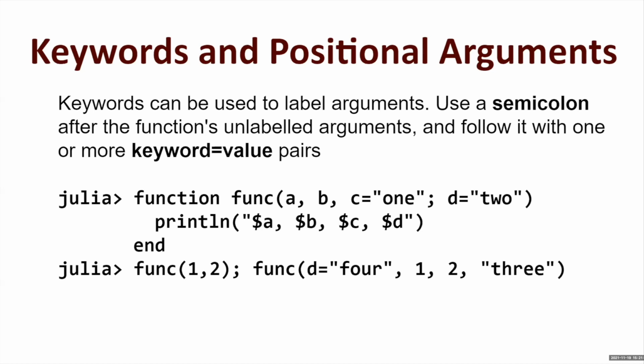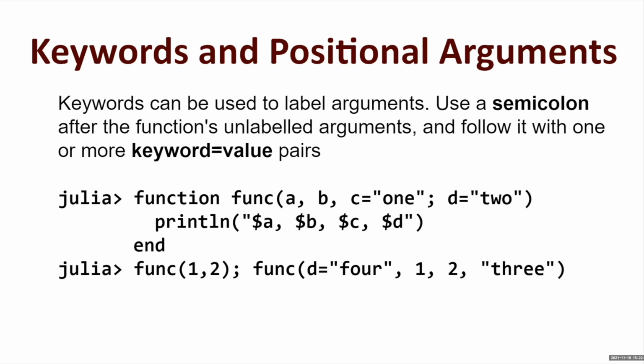For example, look at the second function in the last line of this slide. D equals 4 is at the very first argument position, but it doesn't matter, because whenever you have a keyword argument, it will be taken out. It will not be considered for your position. It will be first pre-processed and D will be set to 4, then it will start counting the positions.